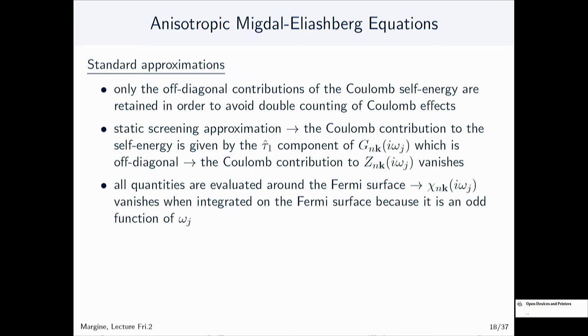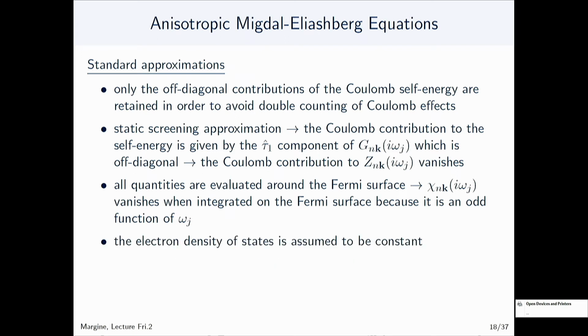If you do a bit of math, you can show that chi, the expression for chi, vanishes when you integrate it off the Fermi surface, because this is an odd function. Yeah, so you are going to have the poles, and you will see that this function is going to be equal to 0. So what this means is that out of 3 equations, we are now down to only 2 equations.